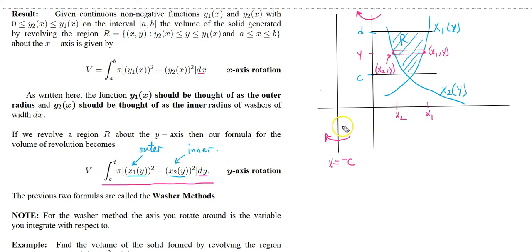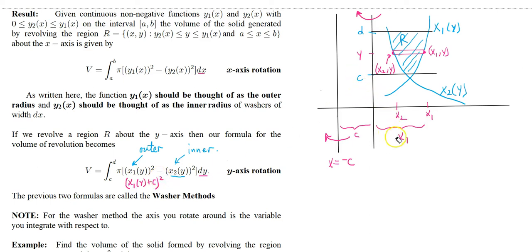You see this distance here, that distance is c, and then the distance out to this point would be x1. So this value here, the x1, would have to be changed to x1 of y plus c, and then we would have to square it.